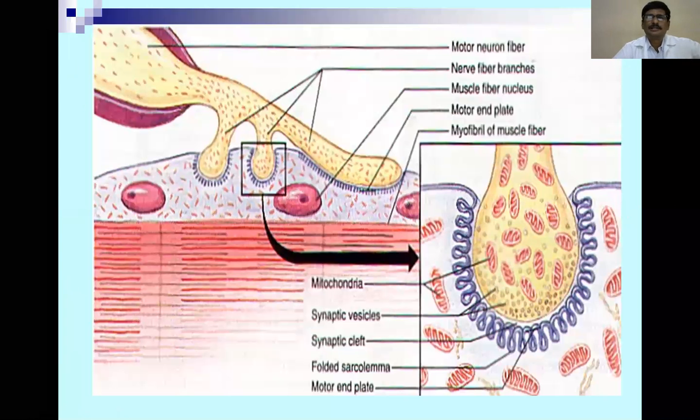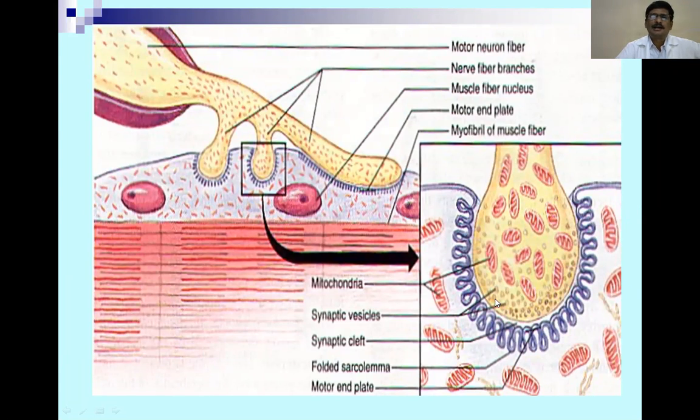Now, again, the same thing. This is the depression, this is the motor end plate, with so many foldings. This area is also metabolically active and has many mitochondria. Even the axon terminal shows numerous mitochondria, as well as synaptic vesicles containing acetylcholine. The same thing is enlarged here.